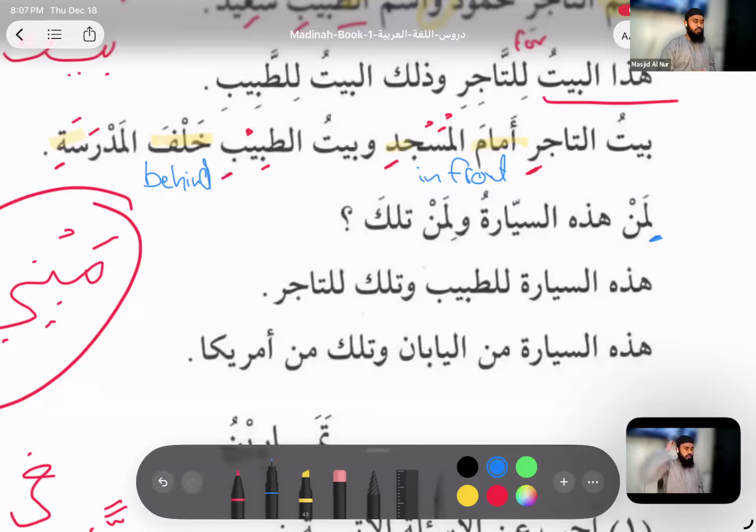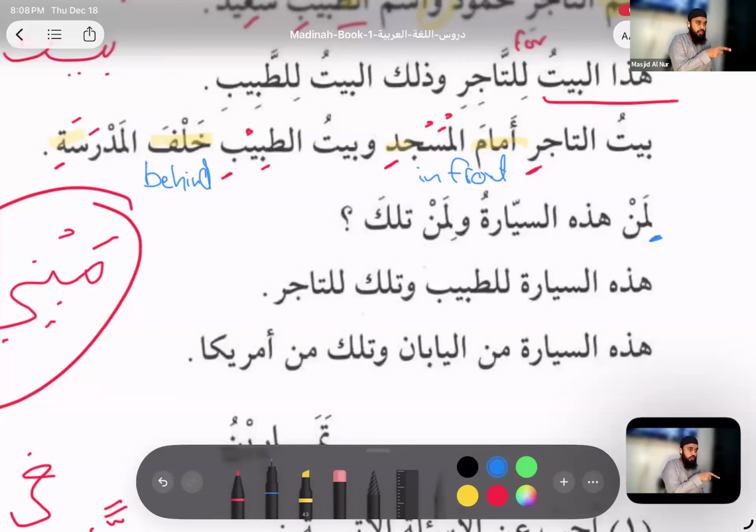This car is for who? For the doctor. What's the tabib? Doctor. This car is for the doctor. وتلك للتاجر. And tilka, that. Why is it تلك and not ذلك? Because سيارة is feminine.